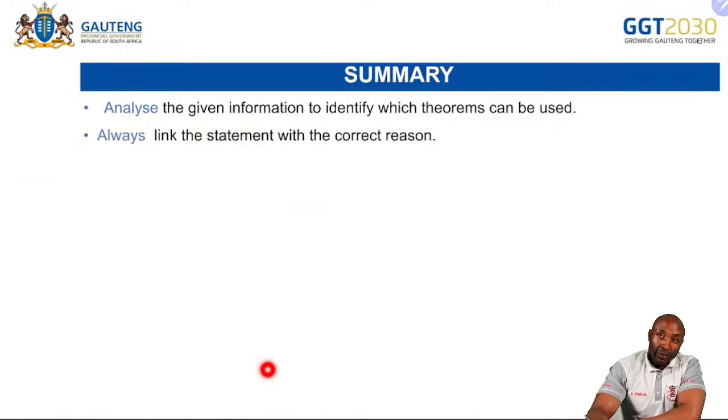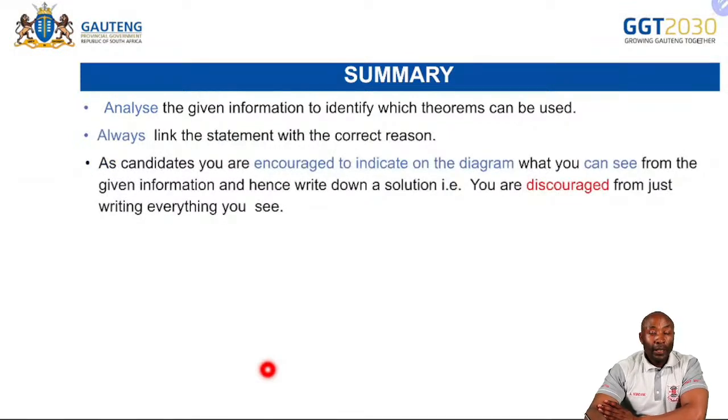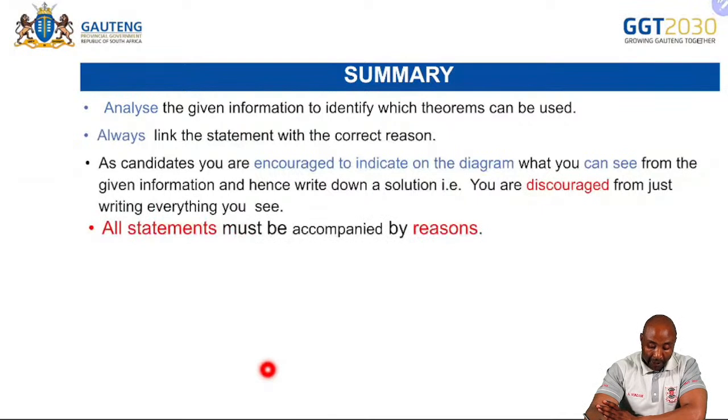It's easy for us to get marks in Euclidean geometry because we have been doing it for so many years, regardless of the fear that we have, but it is actually easy as long as we calm down and we use our diagrams effectively. Indicate all the information. You are discouraged from just writing everything, but all statements must be accompanied with correct and valid reasons.